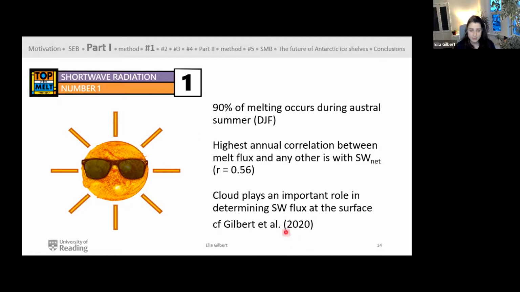And the shortwave radiation is related to the amount of cloud. So you can see already how the sunny conditions and cloudy conditions might be related to each other, because cloud really strongly controls how much longwave and shortwave radiation is received at the surface.